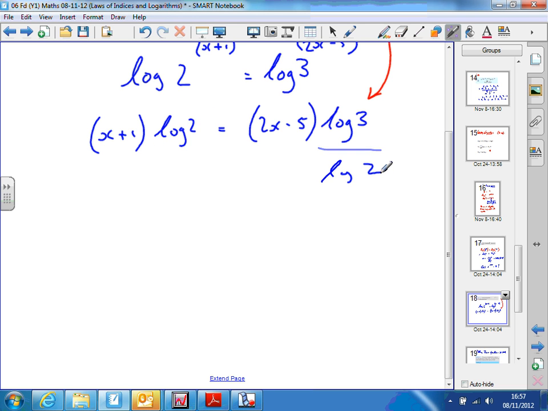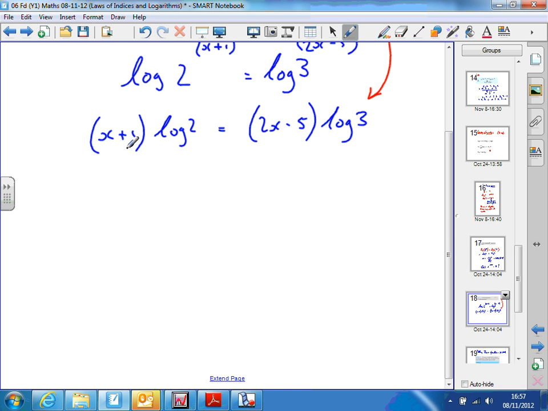I look at it and I say, well, eventually I'm going to have to multiply out either this side of the equation or that side of the equation. To me, that looks a little bit easier to multiply out because it's only x plus 1. So I was going to divide both sides by log of 3. And that's probably the easiest way to go about doing it. I could multiply out the brackets, or I could divide the other side. It'll all work, but if I divide by log 3, it's probably the easiest.